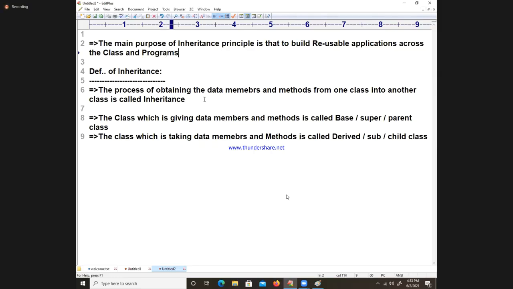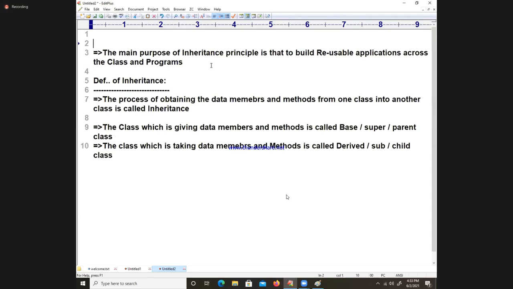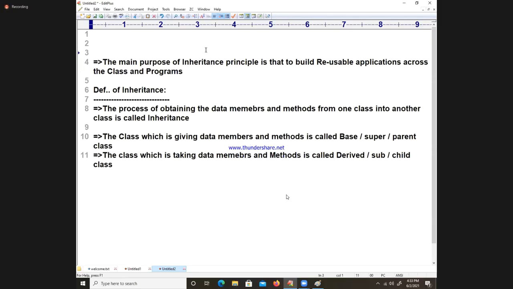Coming across the programs, across the machines, how do we go for it? Across the programs, by the concept of what? Module.